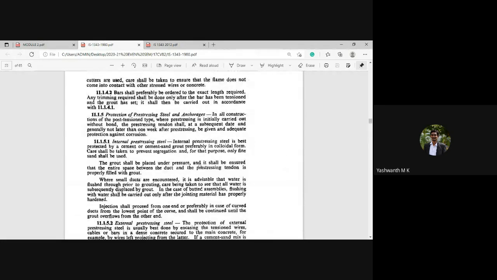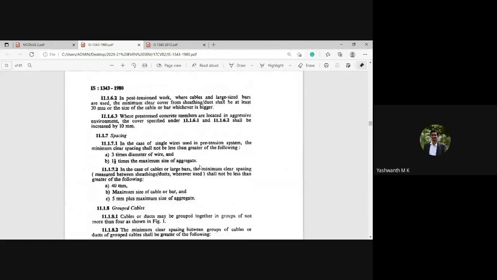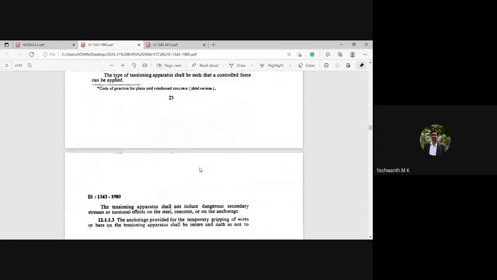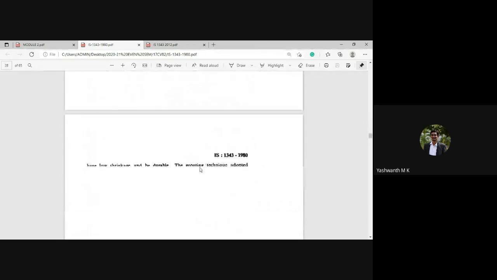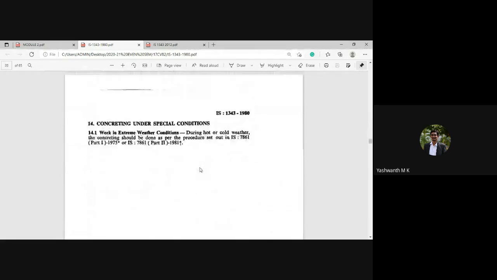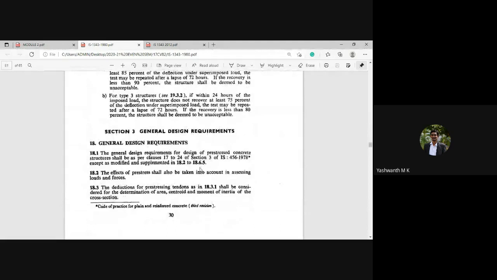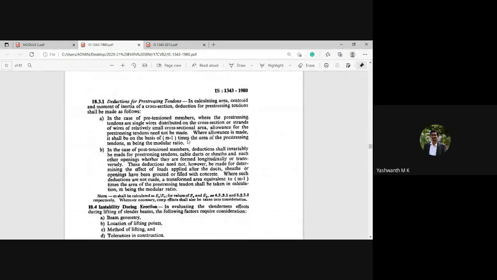Whatever has been highlighted in the 2012 code, once again we are going to discuss what has been specified here. Section 3, general design requirements.